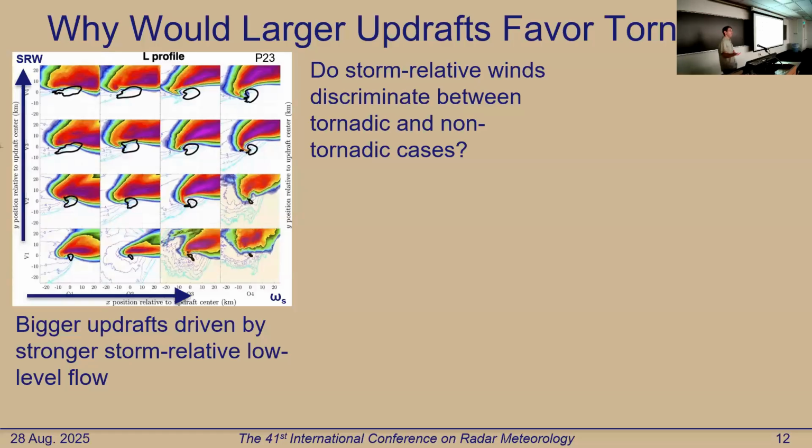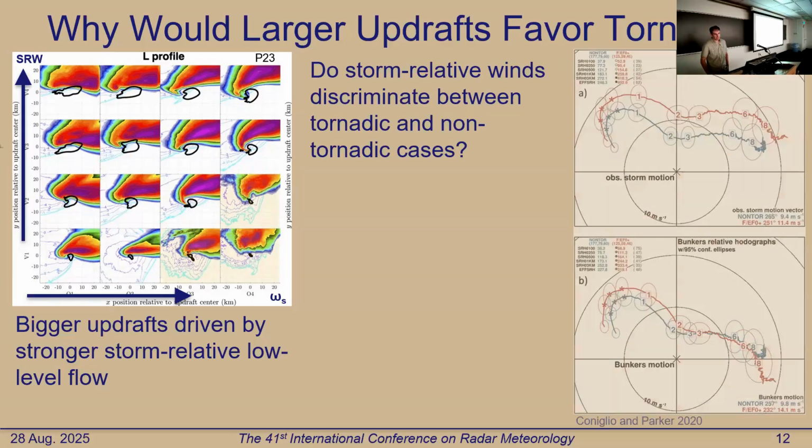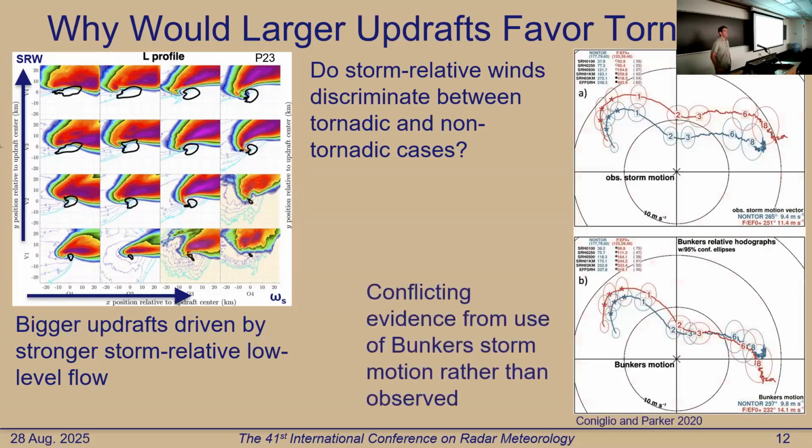What we're also learning increasingly is that low-level storm relative winds discriminate between tornadic and non-tornadic cases. And so what we think here is that very large low-level storm relative flow gives us immense updrafts and also is an environment that is very supportive of tornadoes eventually forming.